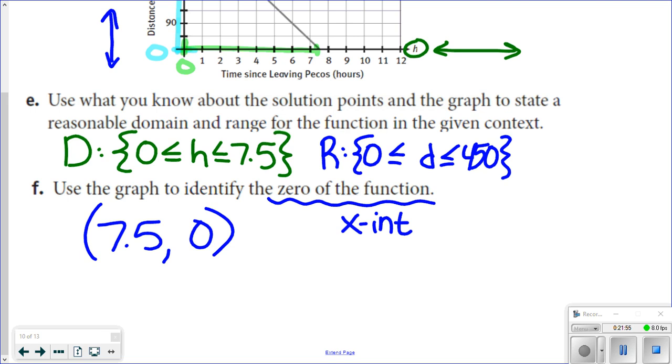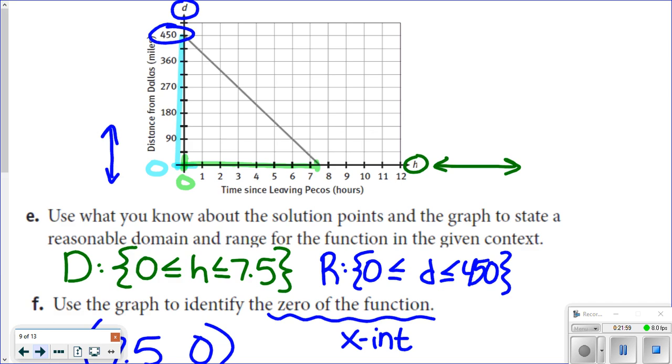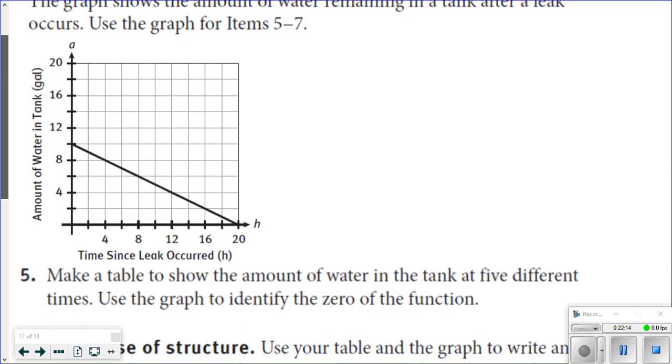All right. A few more questions in the check your understanding box. The graph shows the amount of water remaining in a tank after a leak occurs. So notice on my y-axis here, it's labeled A, probably for the amount of water in the tank, and it's measured in gallons.